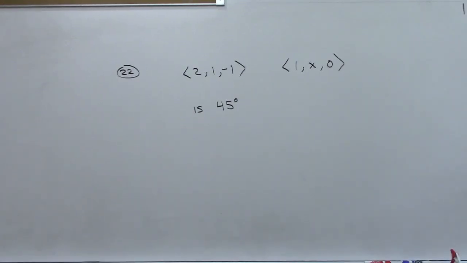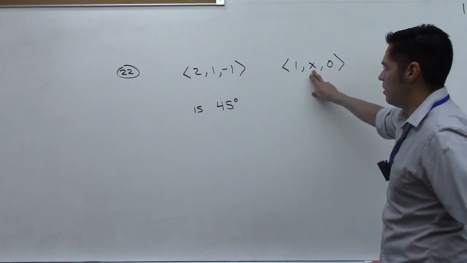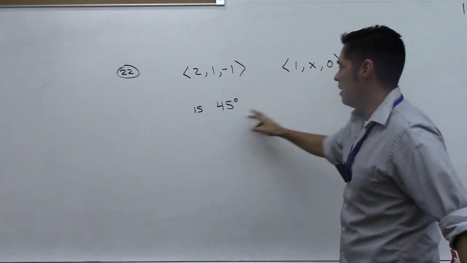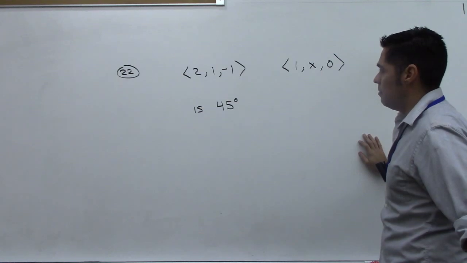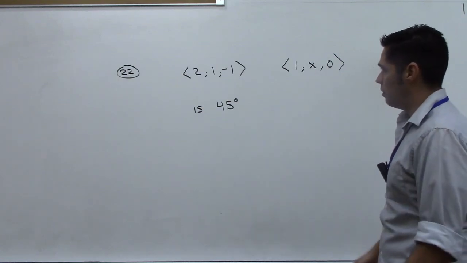Okay, so they want to know if I give you a value of x here, like let's say 5, then will the angle between them be 45 degrees? And we need to figure out all values of x that would make the angle between these 45 degrees.